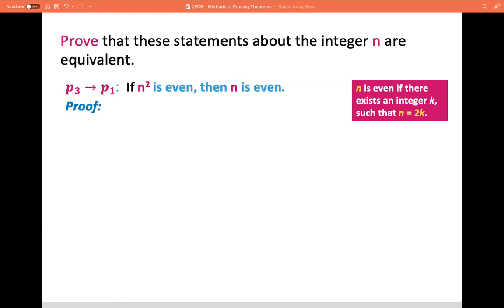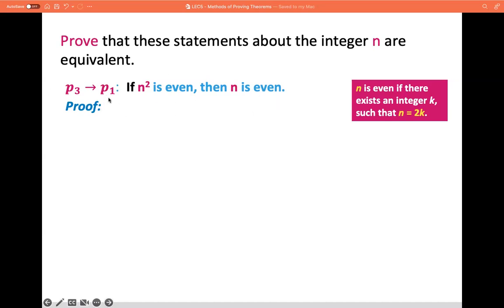And now for the third conditional, P sub 3 implies P sub 1, which states that if n squared is even, then n is even. It will be much easier to prove if we start with the conclusion, which is n is even. In other words, it is much easier to prove this using contraposition, or the contrapositive of this conditional.